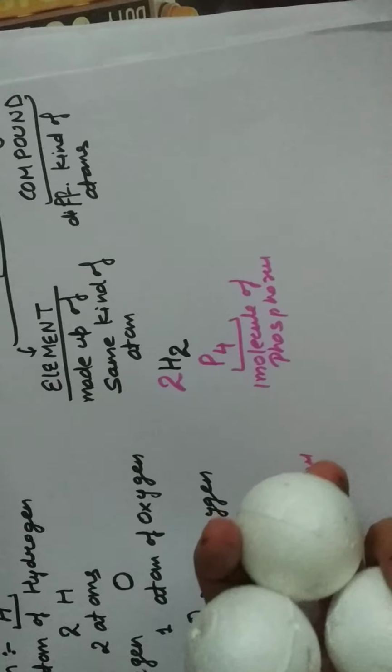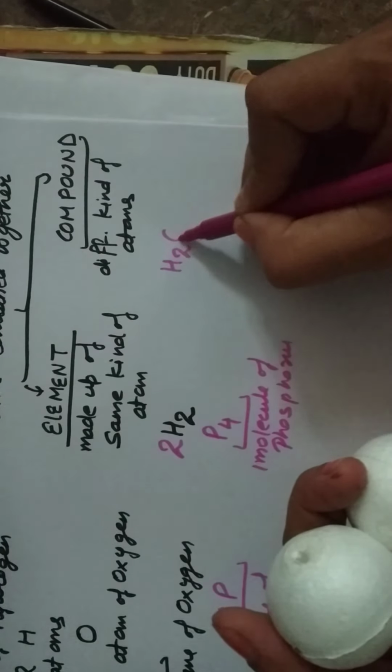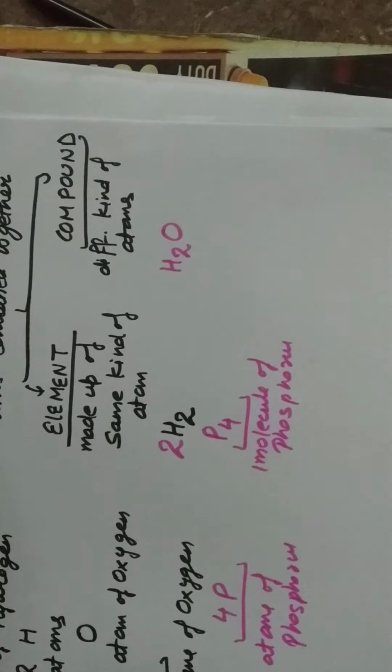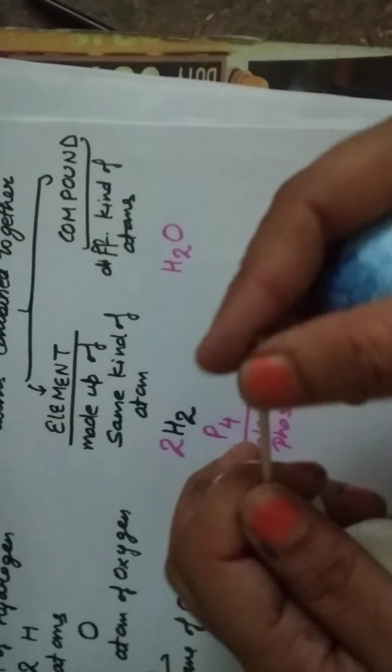Now for a compound, let us take the simplest example, H2O. In this, the two hydrogen atoms are joined to an oxygen atom. Suppose these two are hydrogen and this one is oxygen.